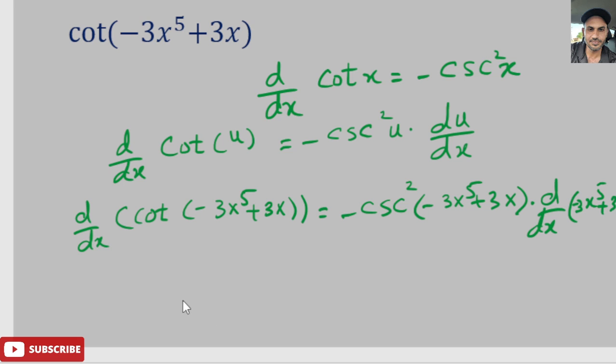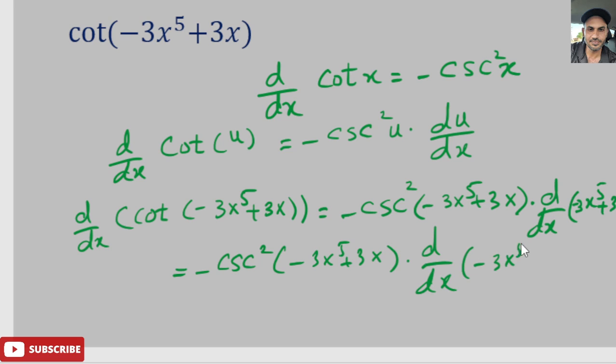Okay, so we get that. Now we can just rewrite it again. This is equal to negative cosecant square of negative 3x to the 5 plus 3x times d over dx of negative 3x to the 5 plus 3x.